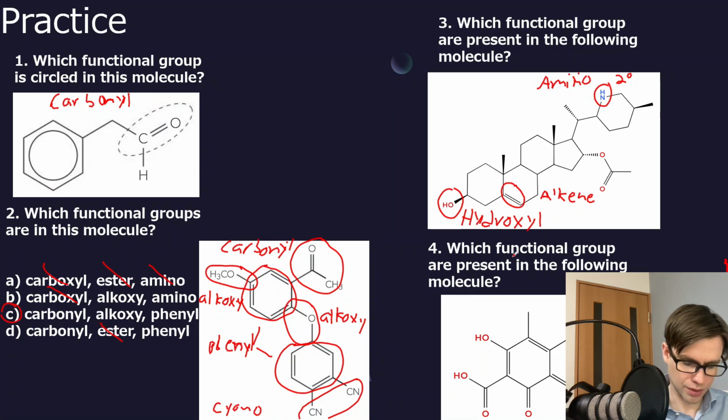And I'll also label our hydroxyl down here also as secondary. 2 carbons attached to that alcohol carbon. And what else do we have? We've got this group, a C=O double bond, but it's also immediately connected to a C-O-C group.